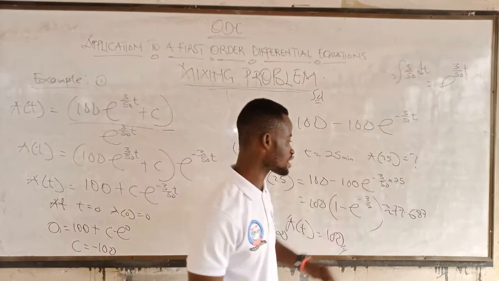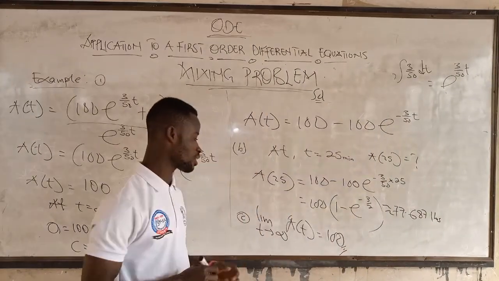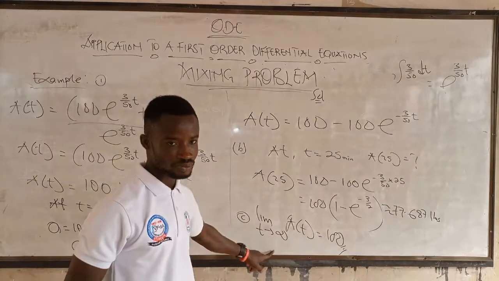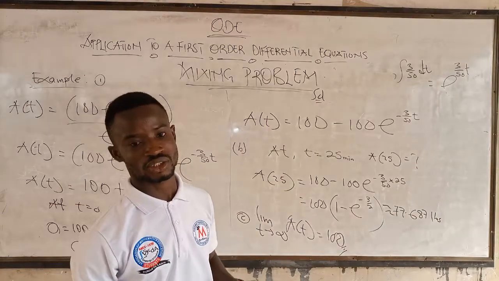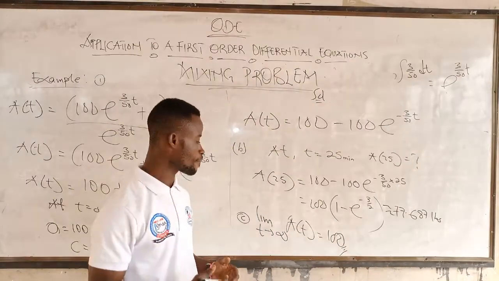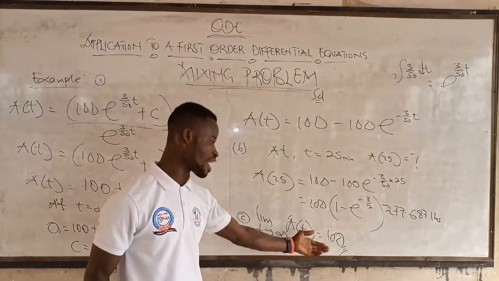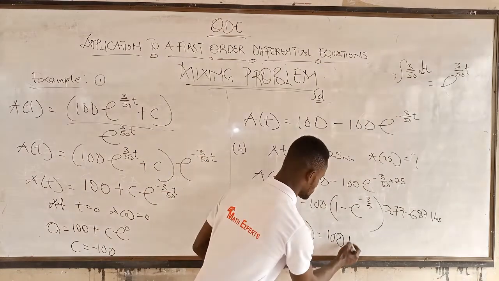Do the right thing. And here also, you conclude nicely that the amount of salt present after a long time is 100, but don't forget to add the unit.